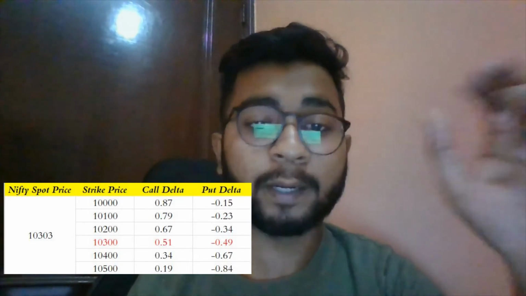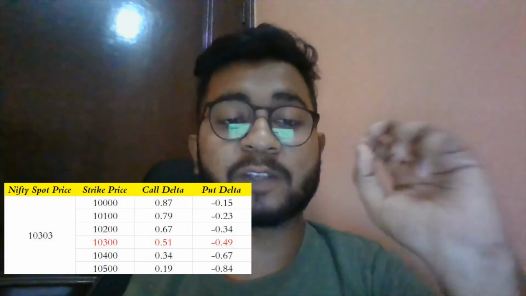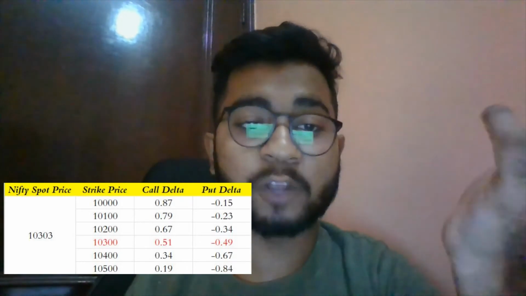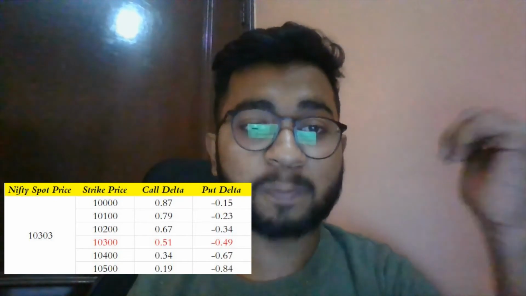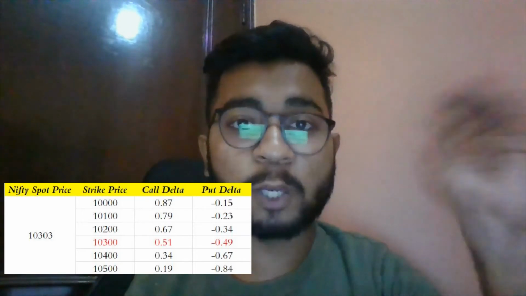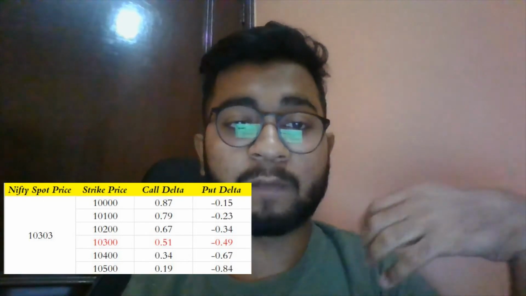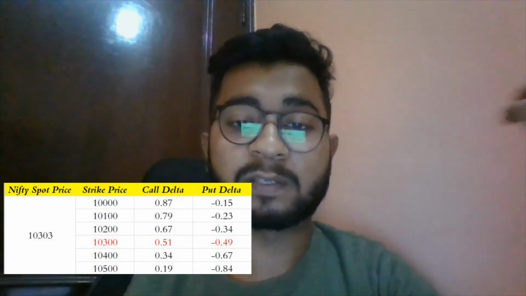Talking about the put delta, for the 10,300 at the money put option, the delta is minus 0.49, that is near 0.5. So if the spot price moves up by 10 points, the put option will move down, as the correlation is negative, by 0.49 multiplied by 10, that is 4.9. That will be the decrease in option premium when the spot price moves up by 10 points.